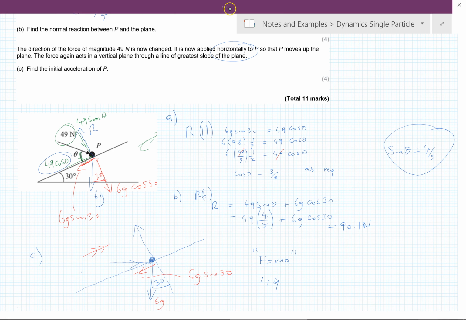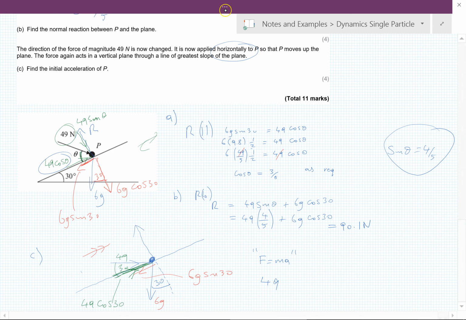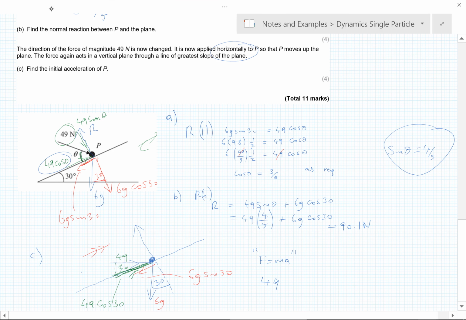So actually, this force does have a component there. That's 30 degrees. And this component here, therefore, is 49 cos 30. So, right, okay, never mind. Noticed in time.